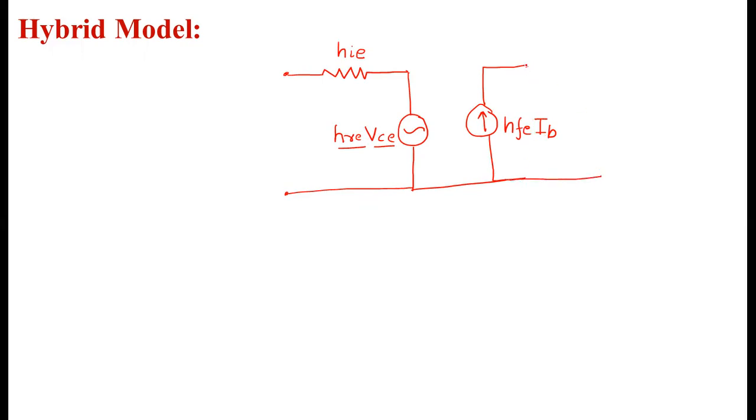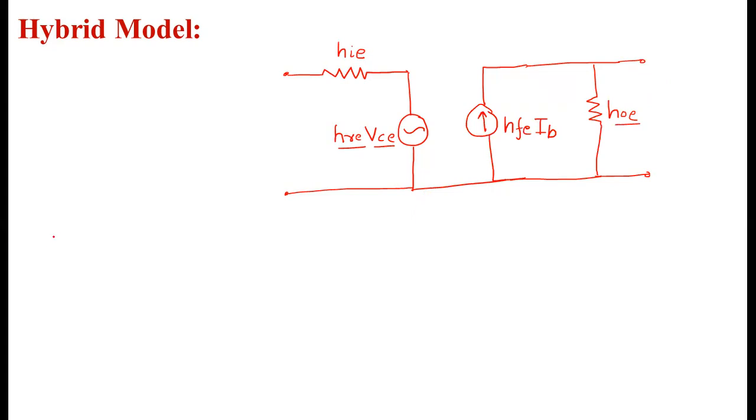And here we have the HOE, the output admittance. So this is the hybrid model or H parameter model for the BJT.